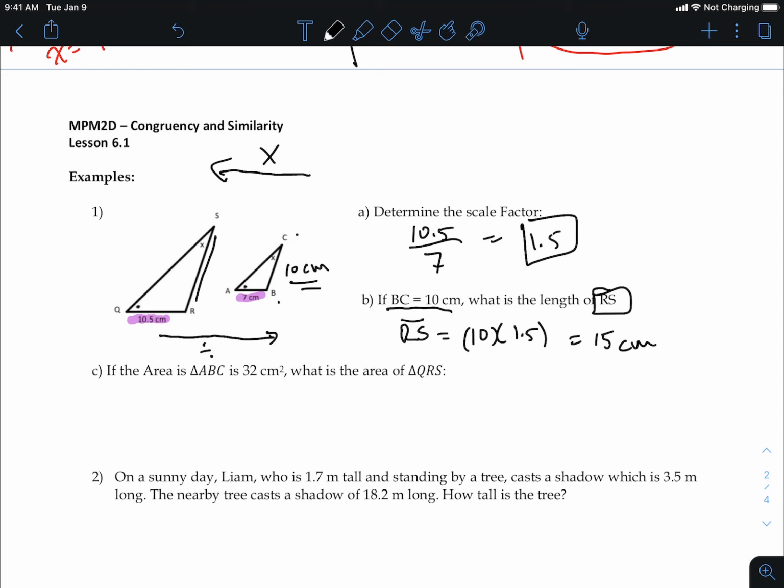Okay? Now, the next part here will be more meaningful to you if we actually do it versus me just telling you. So why don't we solve for the area of each of those triangles and see what happens?